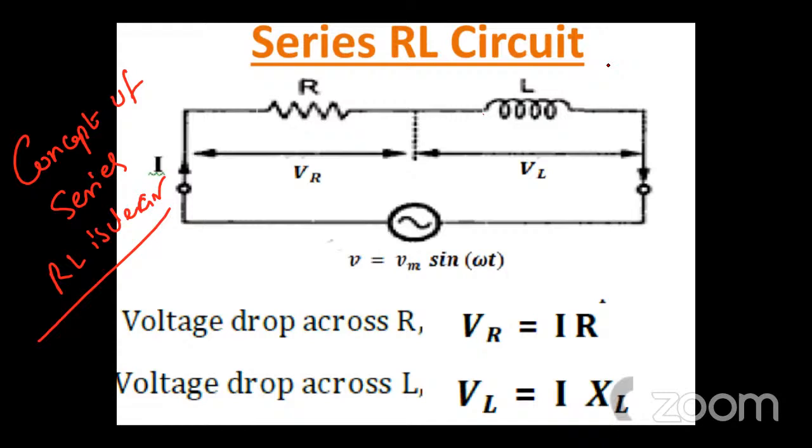So concept of series RL circuit is clear, everyone. उसके बाद सोचो मुझे total voltage find out करना है. V is equal to I into क्या लिखना है? ये सोचना पड़ेगा कि यहाँ पे क्या लिखना है.